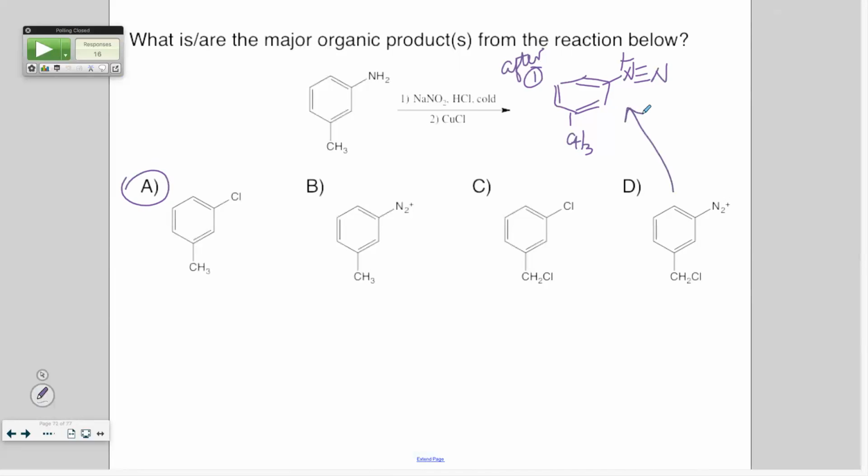That's after step 1. Okay, if you want to replace a hydrogen on the methyl with a chlorine, how do you go from here to here? What would you have to use?